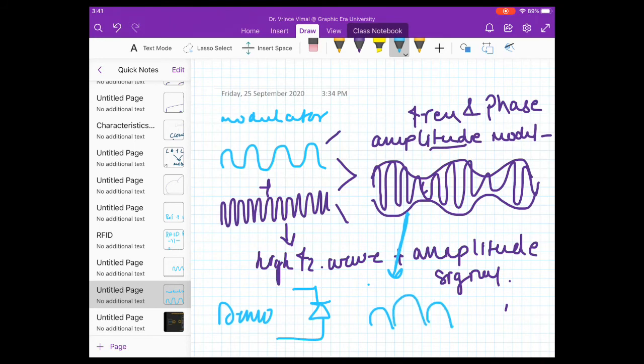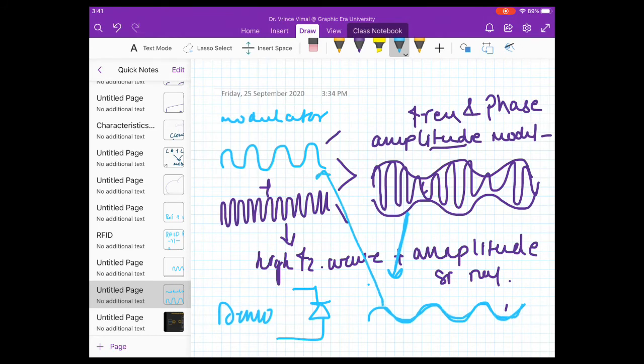Whereas a full wave rectifier gives you the complete AC with very minimal DC component. So this diode is implemented, and what it does is it detects the changes of the envelope, and basically we get this wave, which is very similar to our original signal.